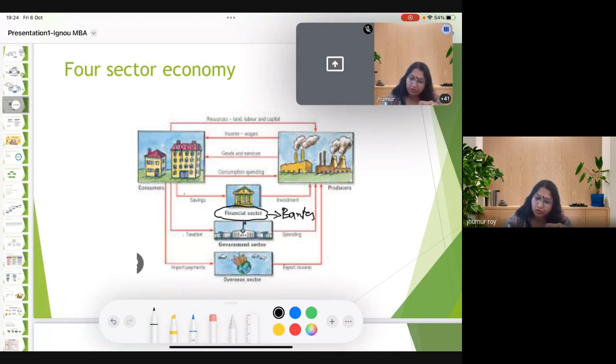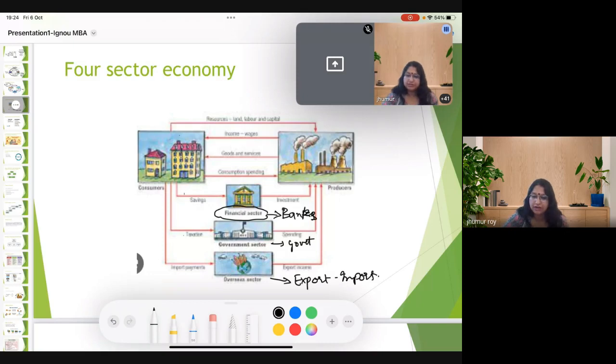Then you have the government sector, which I talked about. And the most important part, you have the overseas sector. That means we talk about export, import. So you are talking about international exchanges.